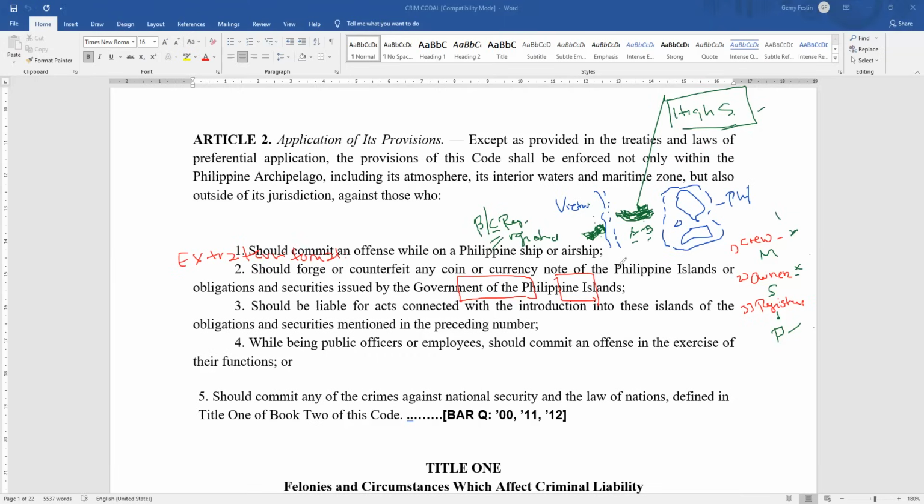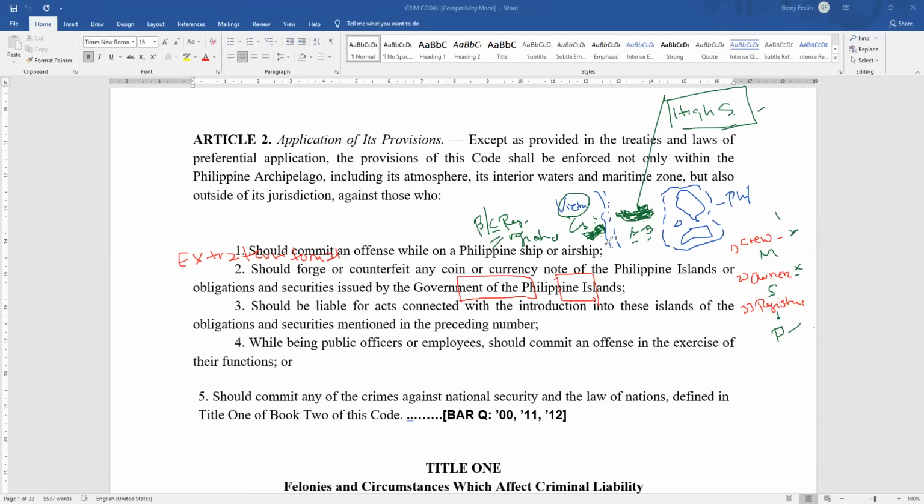Sabi niya, sir, applying the exception under Article 2, we have jurisdiction to try the case because it's registered in the Philippines and it is outside the Philippines. No, but it's not entirely correct because the vessel is within the jurisdiction of Vietnam. Ikaw ba kung pumatay ka sa Amerika, di ba, ang itatries ang sa Pilipinas, no?